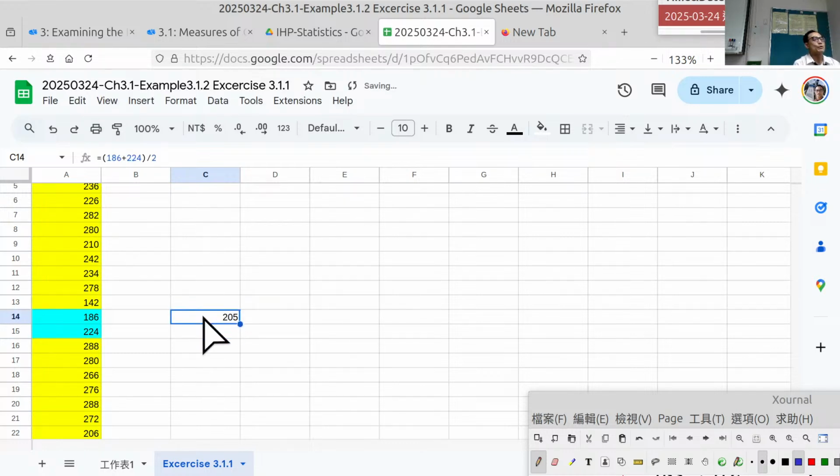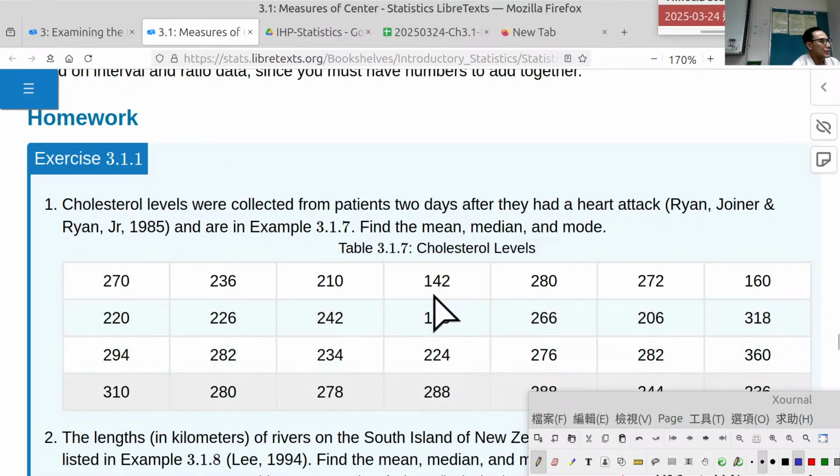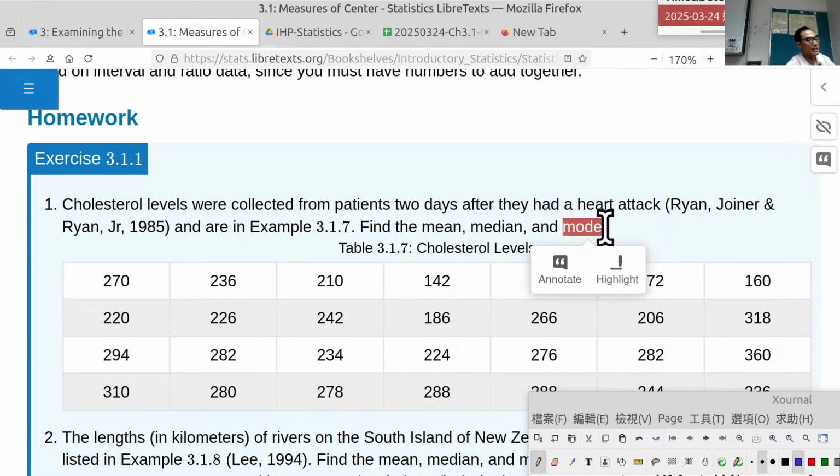Okay, so we got the midpoint. The median is 205. Again, we got the median, that's 205. And then, what is the mode? The definition is it appears with the highest frequency.